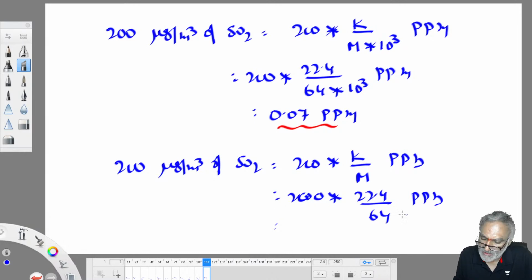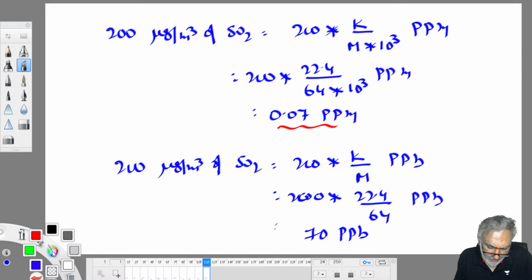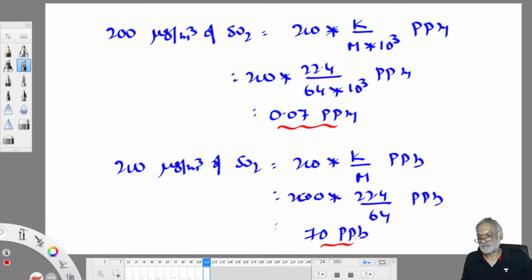How many ppb? 70 parts per billion. 22.4 into 200 divided by 64, 70 ppb. Parts per billion, 70 parts in billion parts. Million parts 0.07, in billion parts it is 70. Same thing, same concentration. That is how we work out.